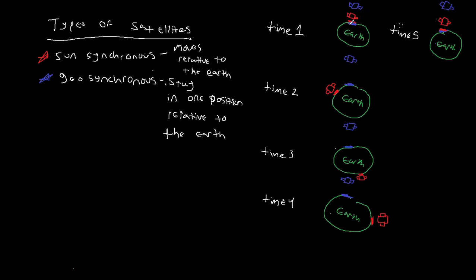So, put another way, if we wanted information from this part here using the geosynchronous type of satellite, we would have to then launch a second satellite and position it so that it was relative to this place. Okay, so I just want to let that sink in. With geosynchronous satellites, if we want imagery of a place on Earth, we have to make a new satellite for every area that we want.